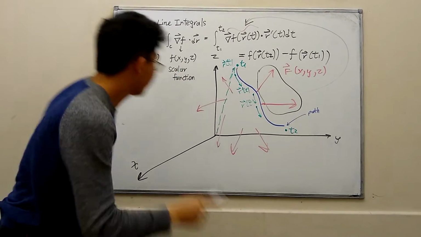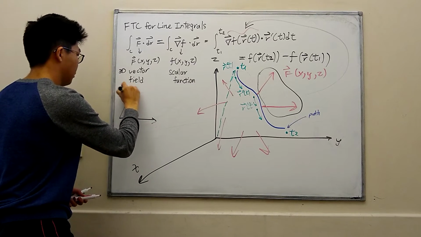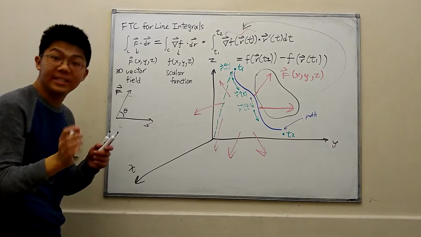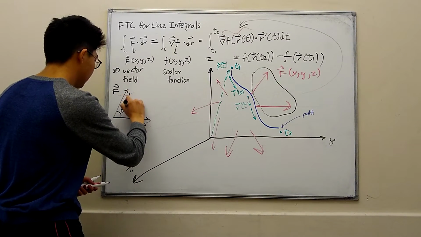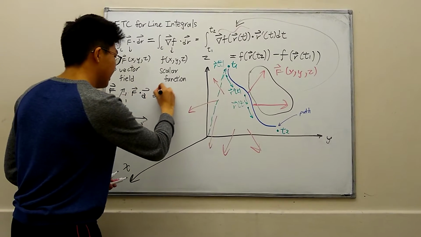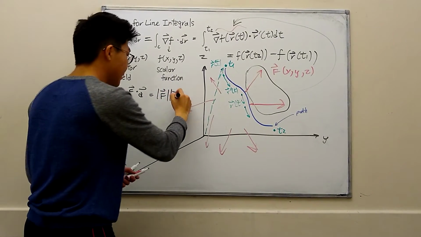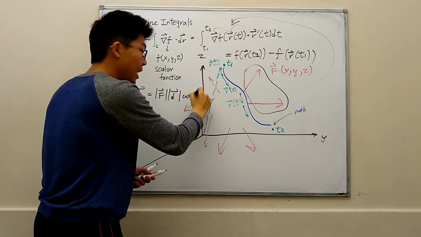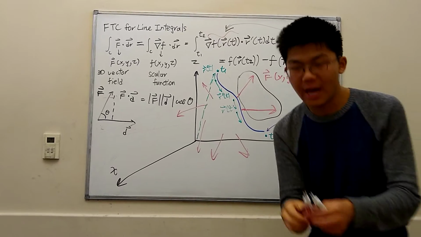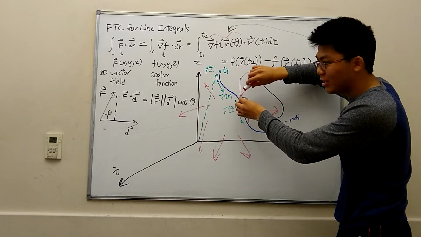So, here's our F, and here's, let's say, our vector d. F dot d is defined as the product of their magnitudes, or their vector lengths, times the cosine of the angle between them.